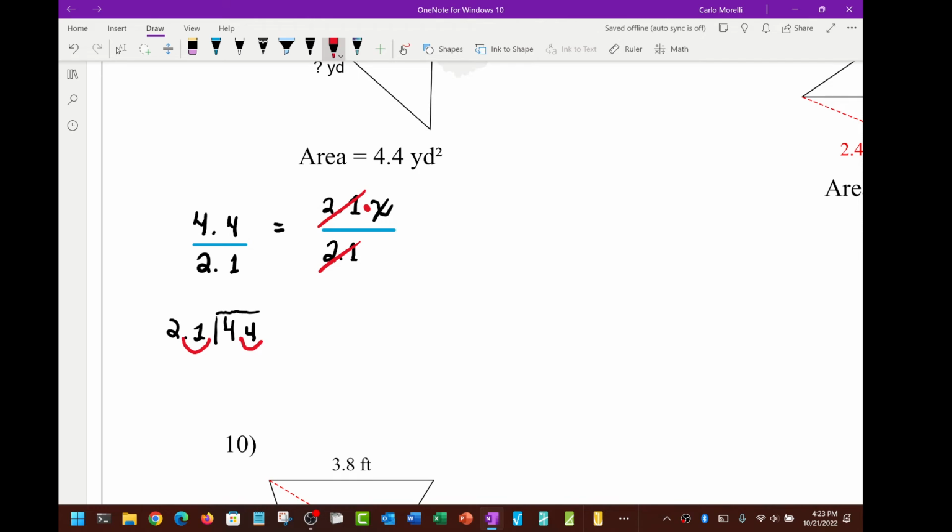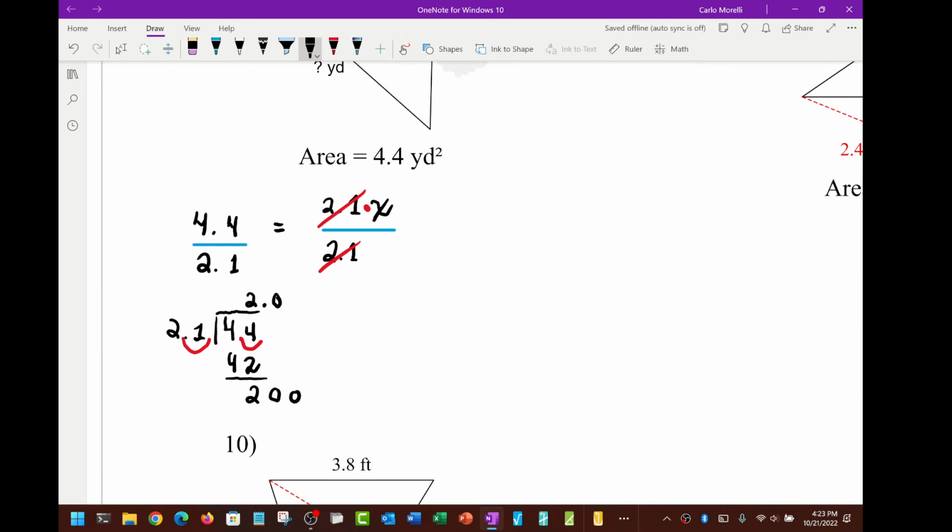So 21 going into 44 2 times. That gives me 42. Then I have 2 left over, bring down the 0. And now I see my first term after the decimal is going to be a 0.